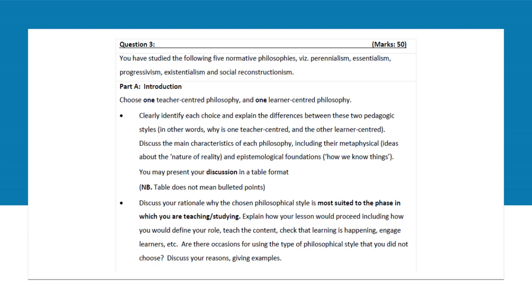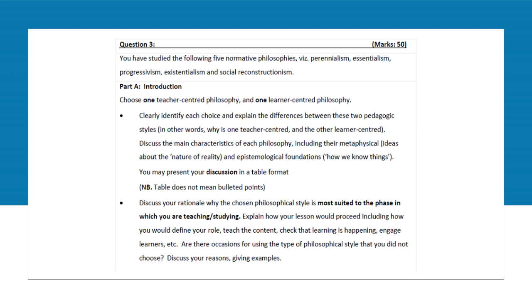Discuss the main characteristics of each philosophy, including their metaphysical and epistemological foundations. Again, this stuff popped up in assignment 1 where you did that comparison. So, you may present your discussions in a table format, but take note, you cannot use bullets within a table. So please don't do that.